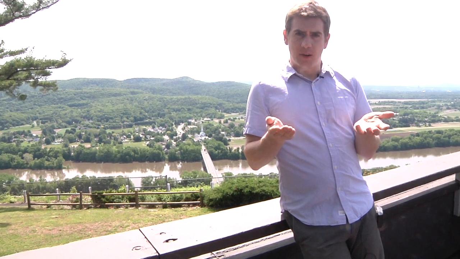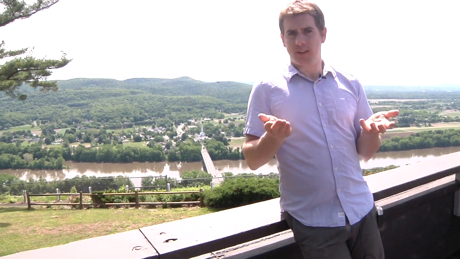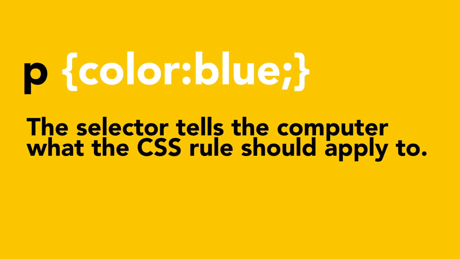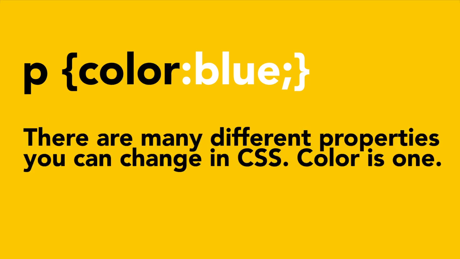What it does understand with CSS is a very specific syntax with 4 parts: a selector, a property, a value, and curly brackets. Let's start with the selector. The selector of the CSS rule is how you tell a web browser what to apply the rule to. Then you hit the spacebar and open the curly bracket. After that comes the property, and there are many different ones in CSS.